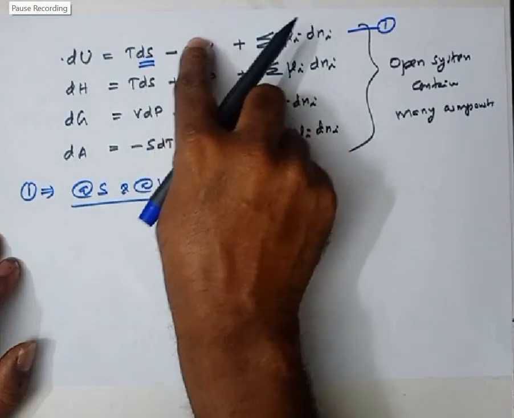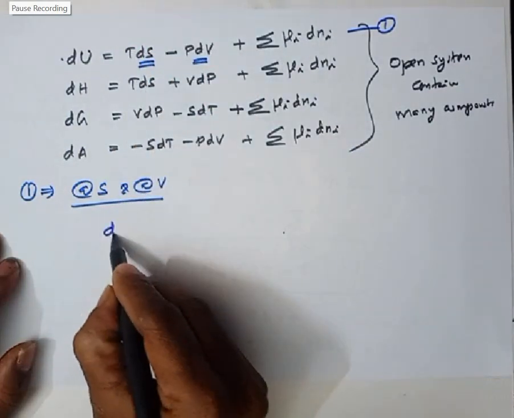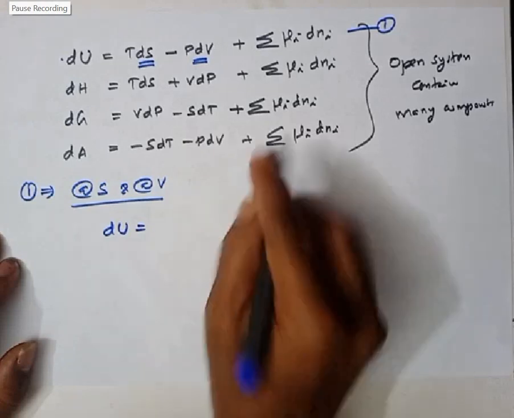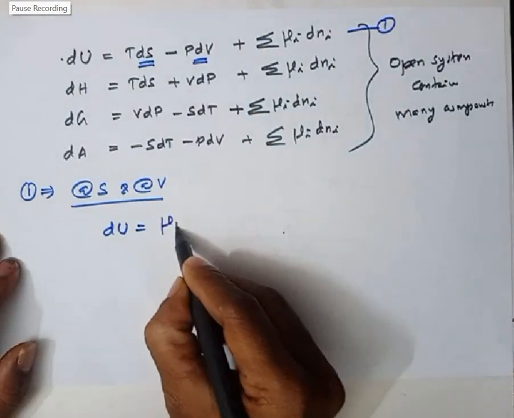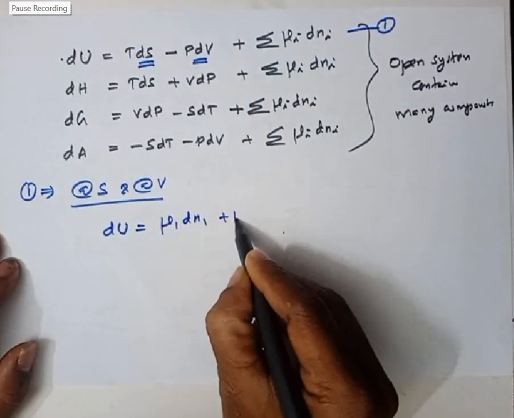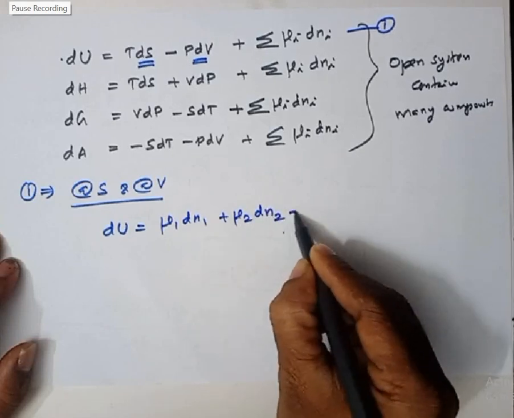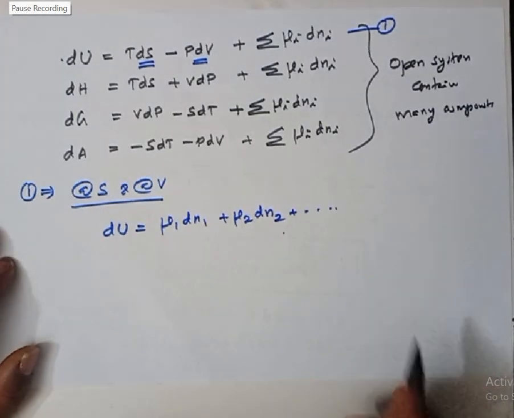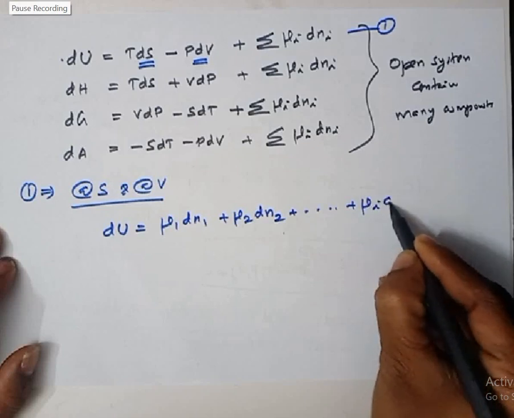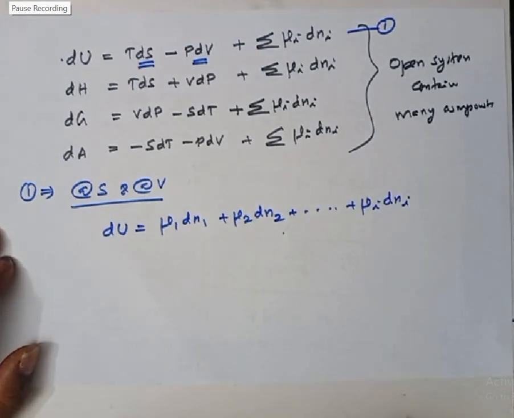If you keep volume constant, this becomes 0. Then I can write du is equal to, I'll remove the summation, mu1 dn1 plus mu2 dn2, plus etc. And in general, mu i dni.